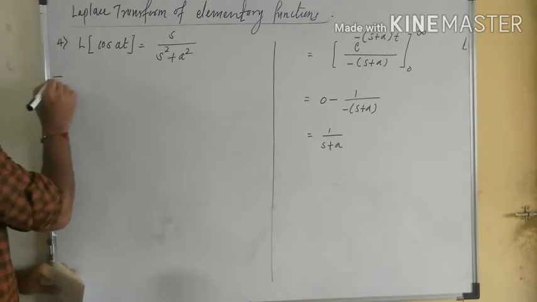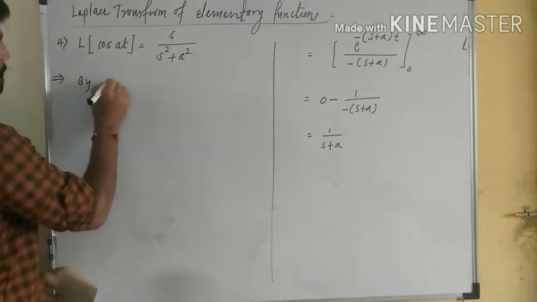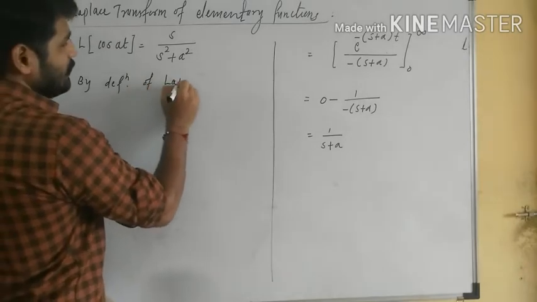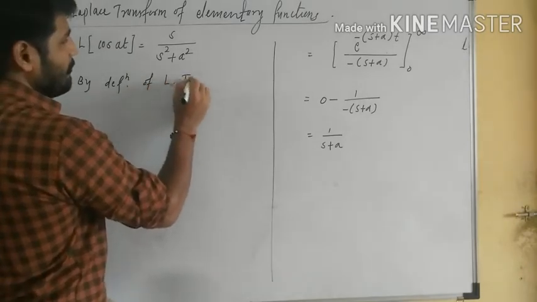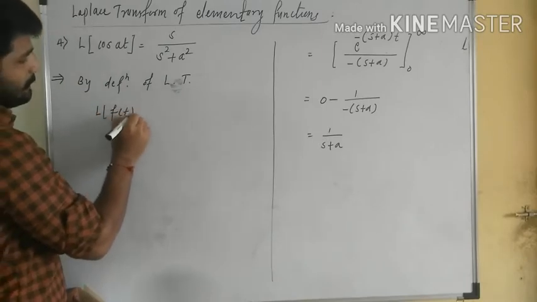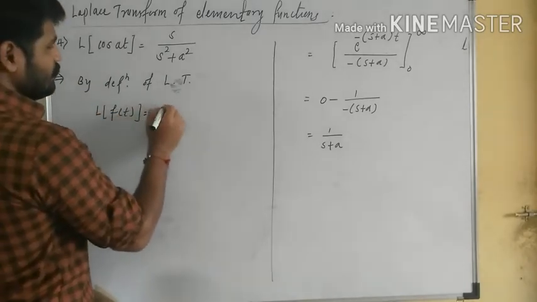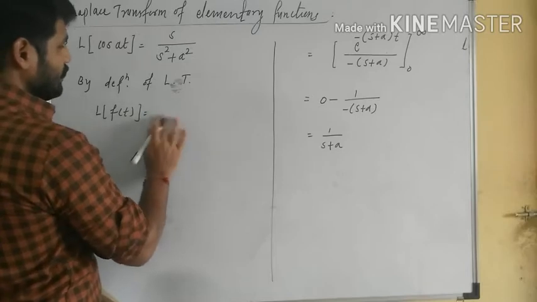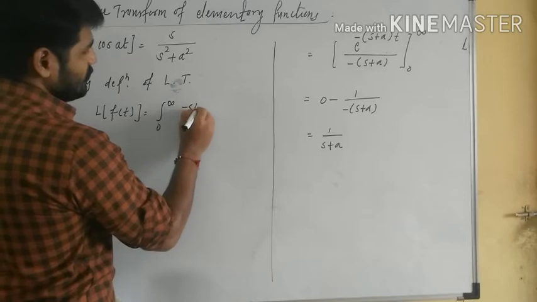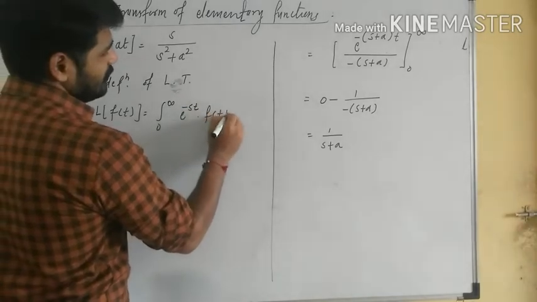So again, by definition of Laplace transform, we can write Laplace transform of f of t is equal to integral from 0 to infinity e raised to minus st into f of t dt.